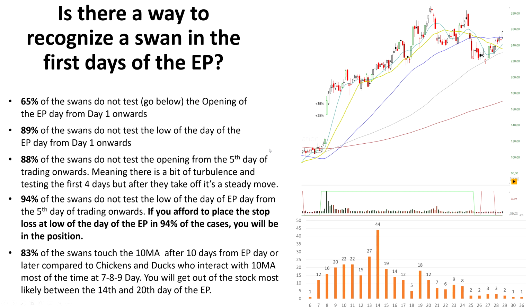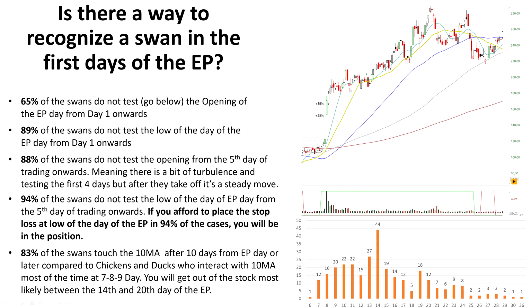83% of the swans touch the 10 days moving average 10 days from the EP day or later, compared to the chickens and ducks, which interact with the 10 days moving average most of the time at day 7, 8, 9. The swans obviously surf it more. So if you see it surfing by day 8, 9, confidently moving up, it's most likely a swan.